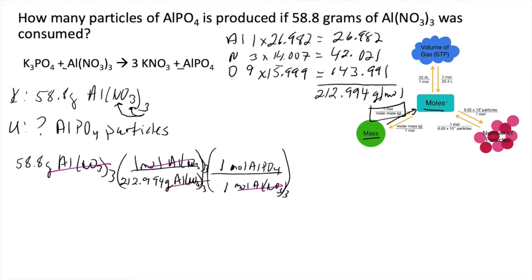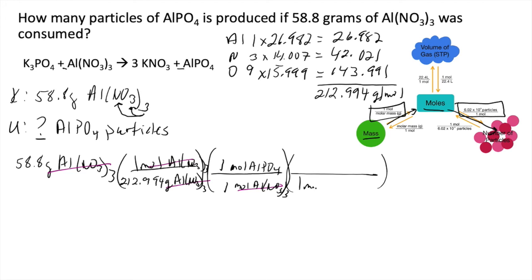So now that we're in moles of aluminum phosphate, we want to go to particles for aluminum phosphate. And looking at our mole map, we're moving from moles to particles. And this gives us the setup of the conversion factor that we would use. We would use Avogadro's number with particles at the top and moles at the bottom.